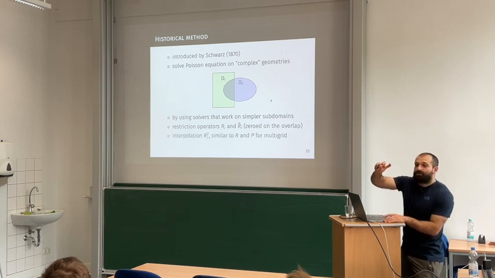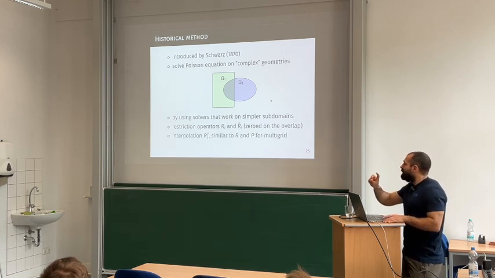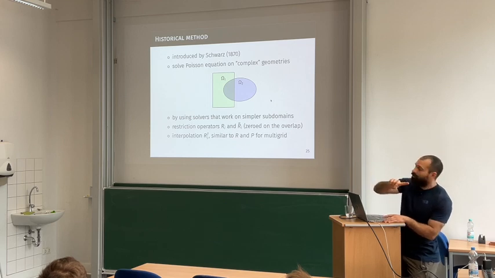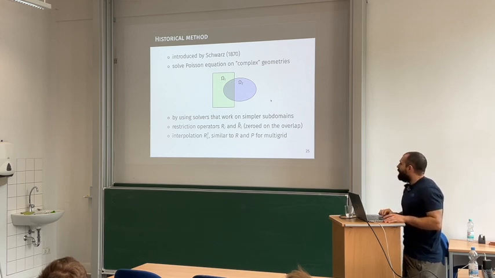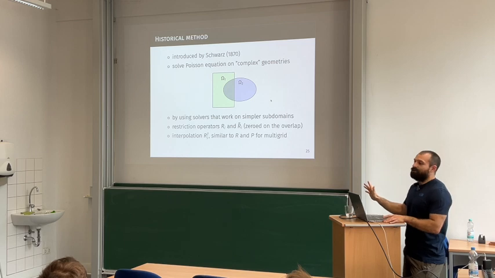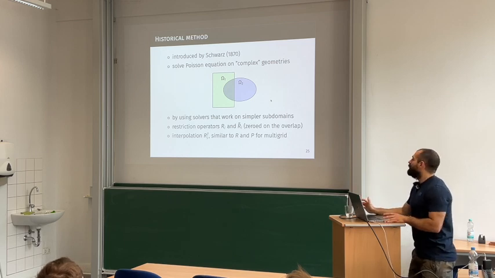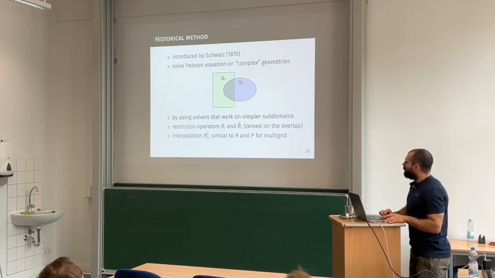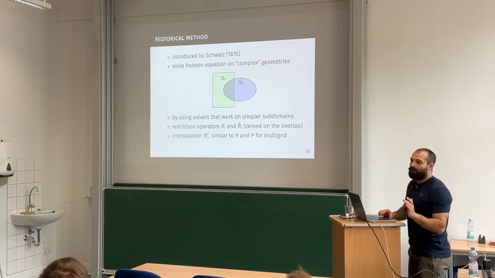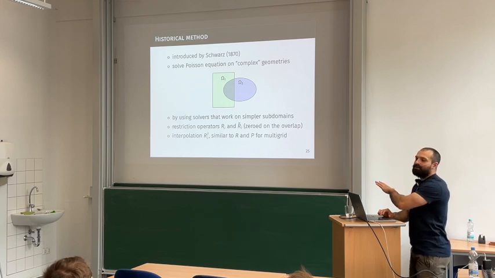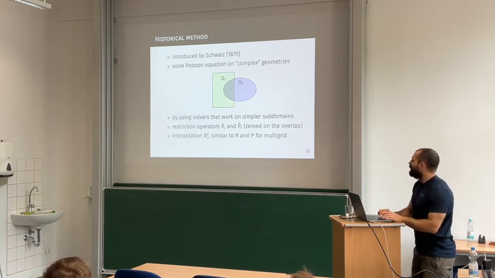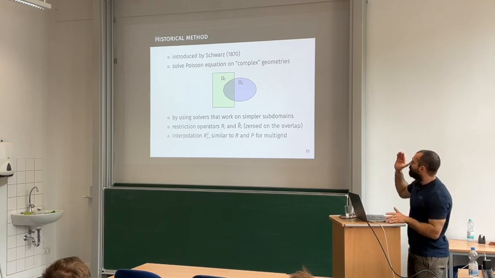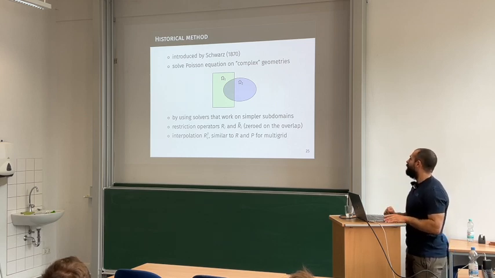If you take the transpose of those restriction operators, you end up with the interpolation operator, Ri transpose. Again, there are a lot of connections with multigrid methods, in particular with the restriction and prolongation operators from multigrid. You can see a domain decomposition method as a type of multigrid method, or you can see multigrid methods as a type of domain decomposition method. The name of the game is how to find the proper R and P.